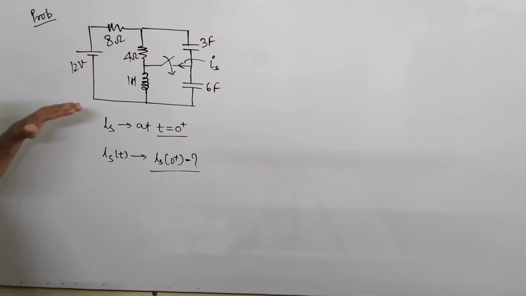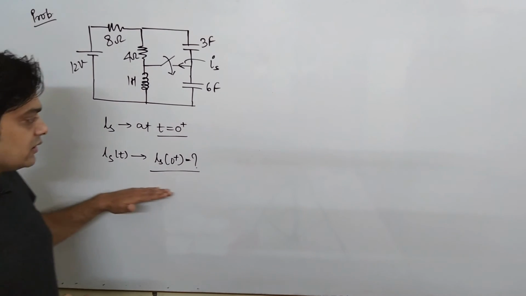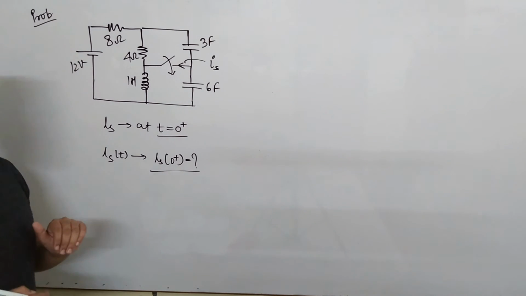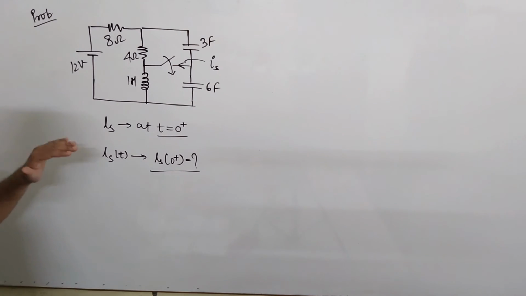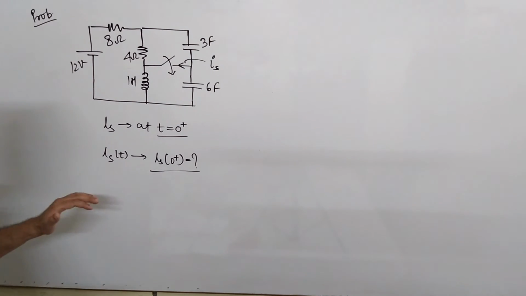Then, based on their initial values, we redraw the circuit at t equal to 0 plus, and one can easily find the solution. So this is one type of category. Just analyze it and try to understand the different categories coming under initial conditions.